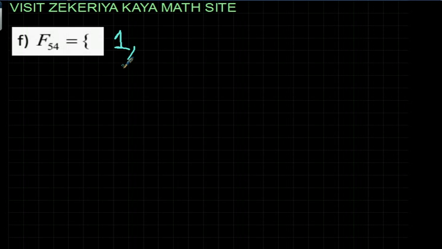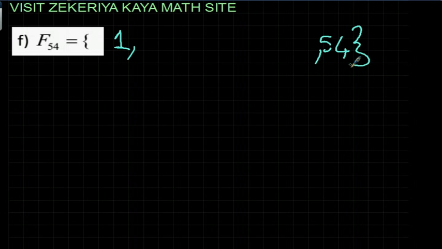But remember, 1 times which number makes 54? 1 times 2 is 2. 1 times 2 is not 54. 1 times 54 makes 54. So 1 is the smallest, 54 is the biggest.